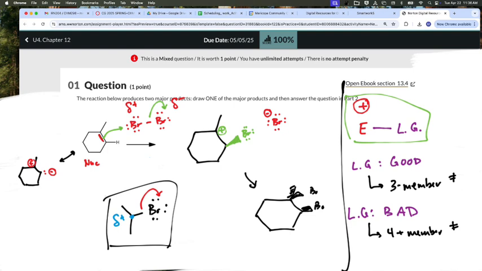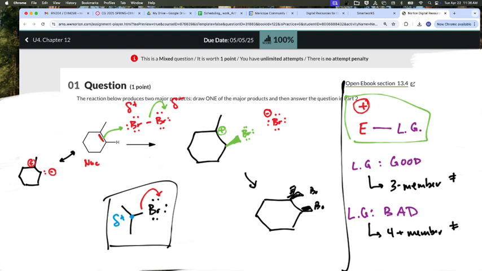That's what this mechanism shows. And when we go into the reality of testing this, that product doesn't exist. And since that product doesn't exist, what does that mean about our mechanism? It's wrong.